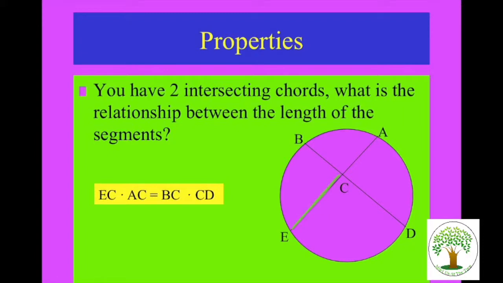If we multiply that by AC, those two multiplied together will equal this one times this one. I want to remind you that this is on your Formula Madness.